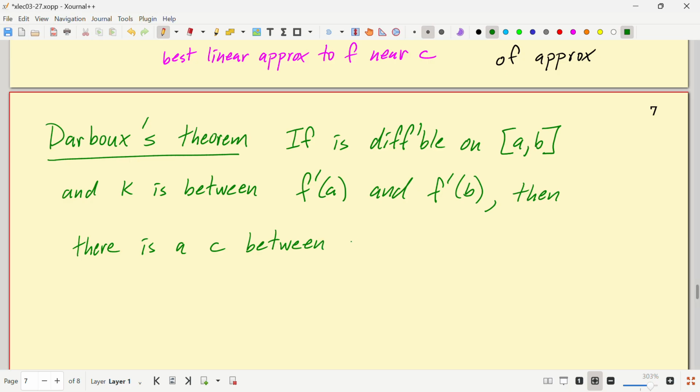So there's a c between a and b with f prime of c equal to k.